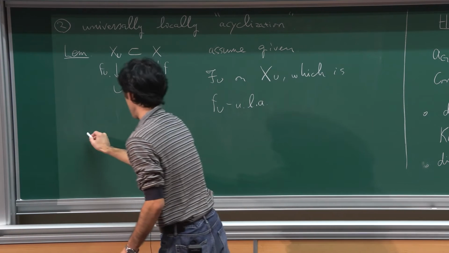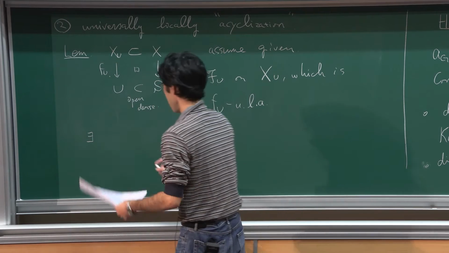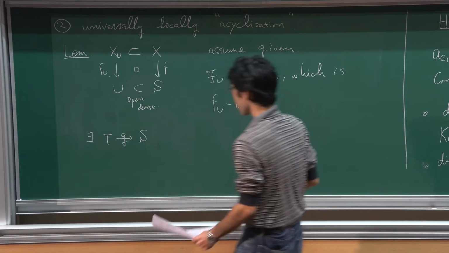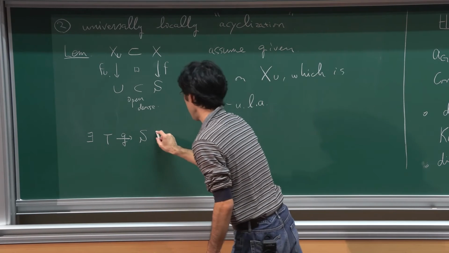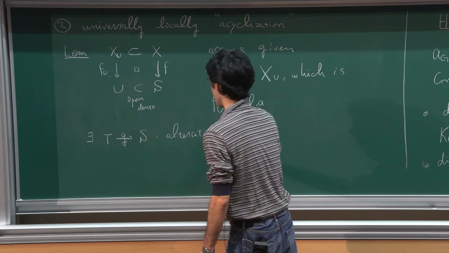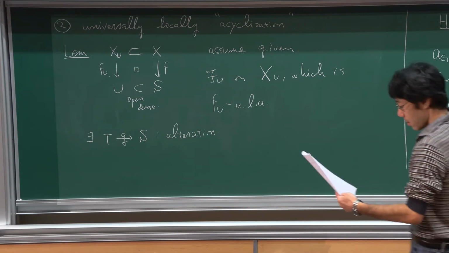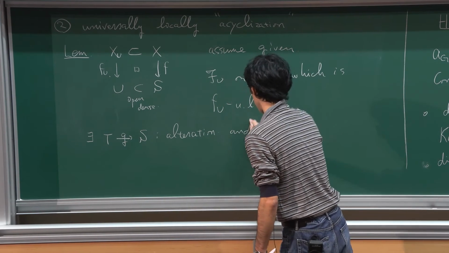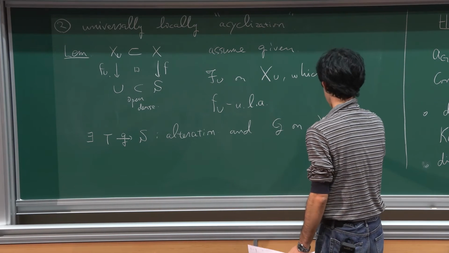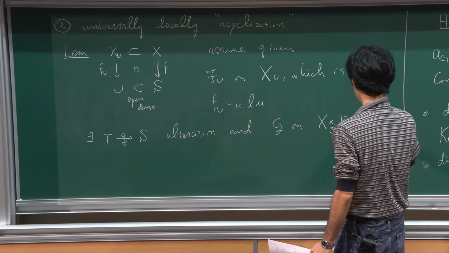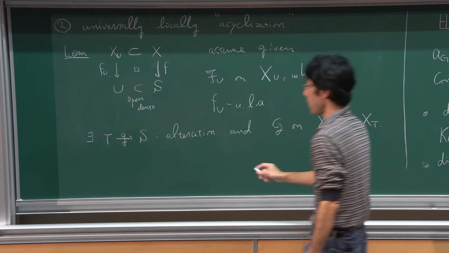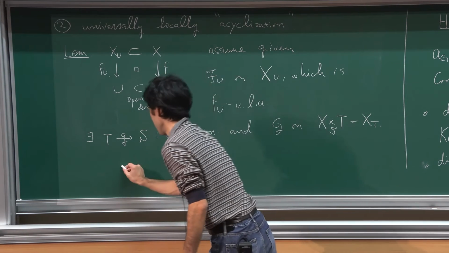Then there exists T, which is an alteration, and G on X cross T such that the following two hold.